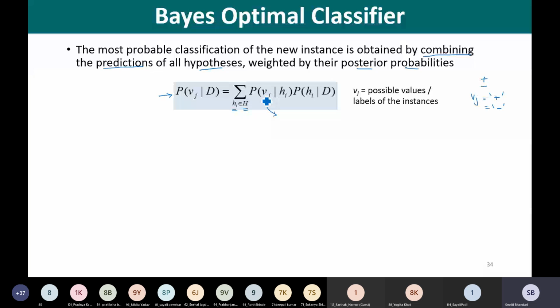For every hypothesis in our hypothesis space, we have this probability: probability of getting, say, class positive given hypothesis Hi, or probability of getting class negative given the hypothesis Hi, multiplied with probability of hypothesis Hi given data D. So this is actually the weighted sum. This weighted sum will provide us the probability of having a particular label given data D.